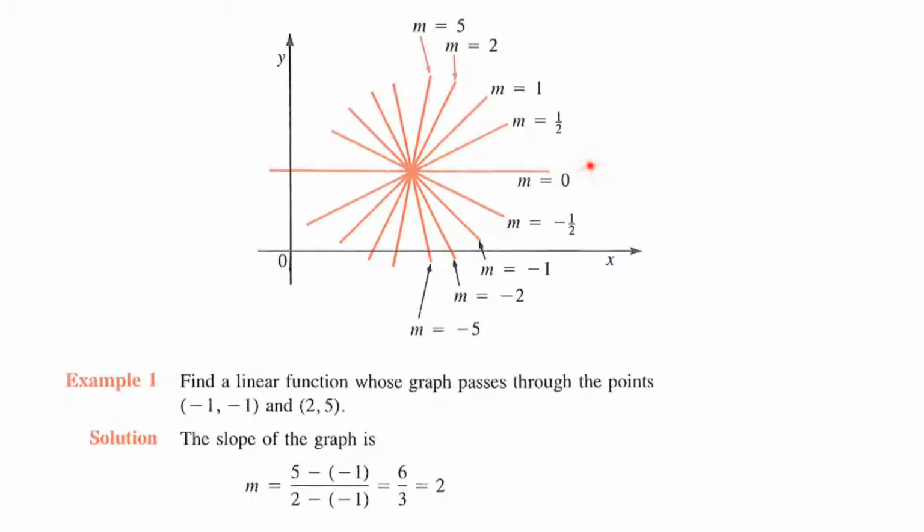When the slope is 0, the line is horizontal. When the slope is positive, the line is going from the third to the first quadrant, and when the slope is negative, it's from the second quadrant to the fourth quadrant.